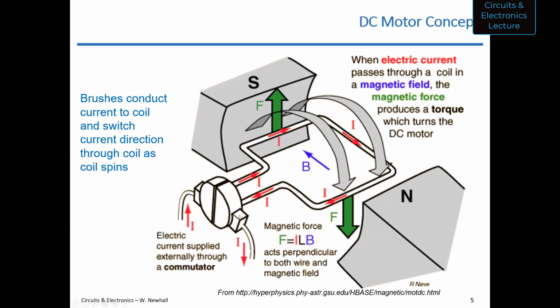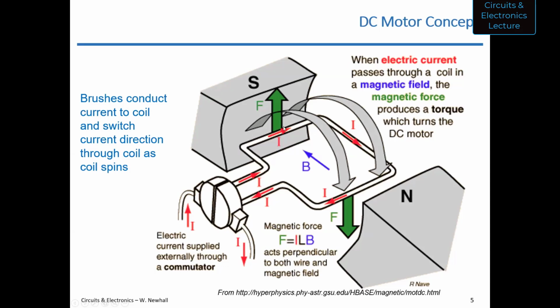These two blocks here are called brushes. They rub against something called a commutator, which is split in the middle, so current cannot flow from the left side of this commutator to the right side. So with this setup, current would flow through that commutator half, around the loop of wire, back to the other half of the commutator, through the brush, and back through the wire.